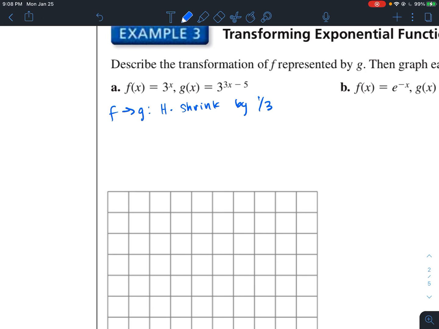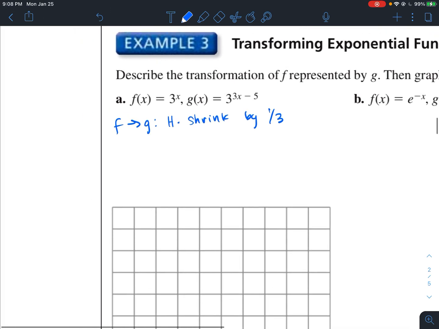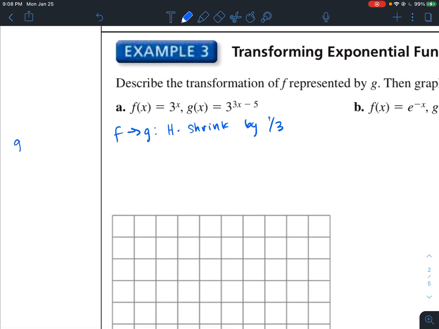Now, this is just for example, so you don't have to write this down, but if we had g of x is equal to 2 times 3 to the x. Again, this number right here has nothing to do with whether or not it's a stretch or a shrink, horizontal or vertical. It's just simply the base. I know it can get really confusing, because it's another number and it looks like it's being multiplied.